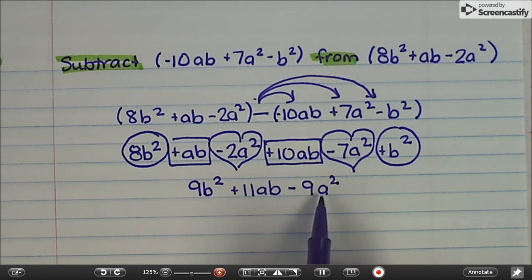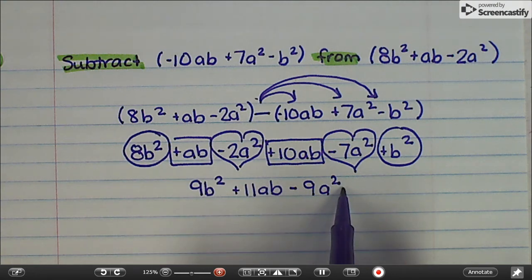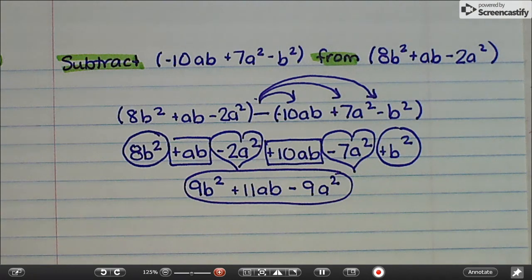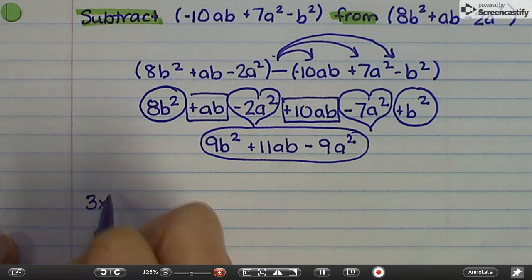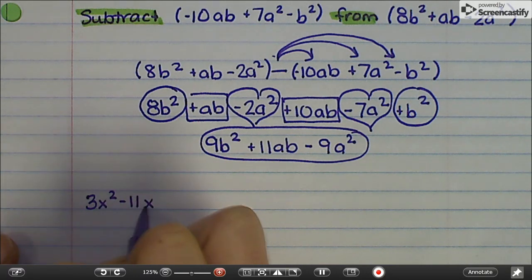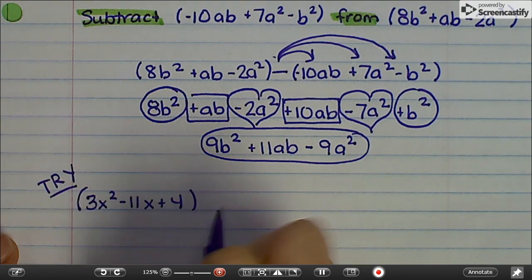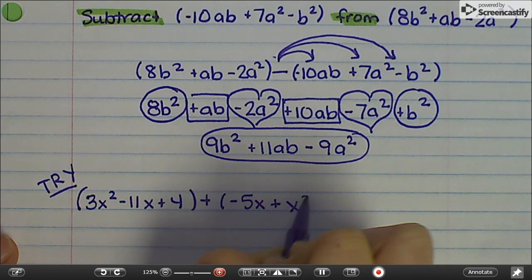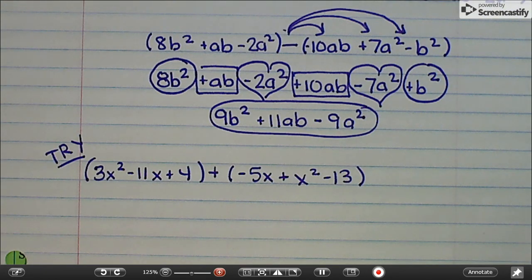And this is in standard form because the b's go 2, 1, 0. Okay, try this one on your own. All right, so pause the video, try that problem, and then check your answer with mine when you're done.